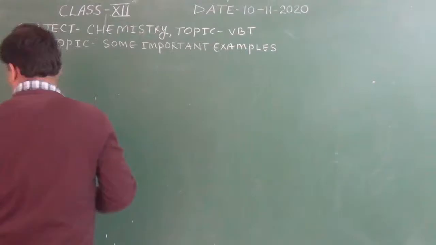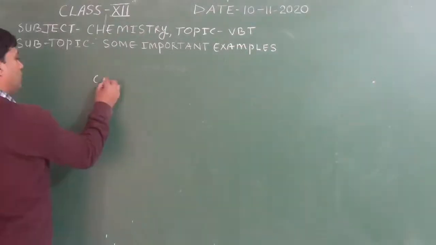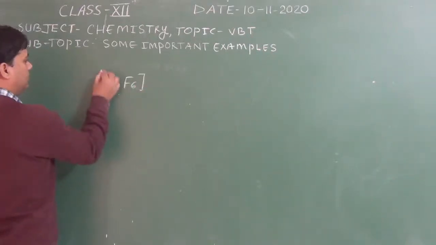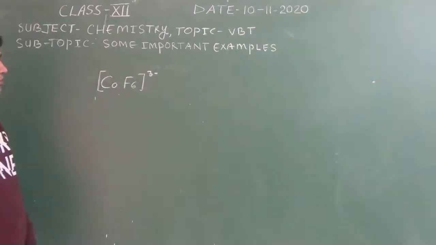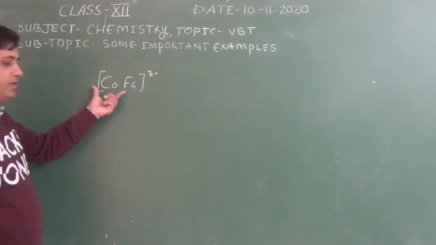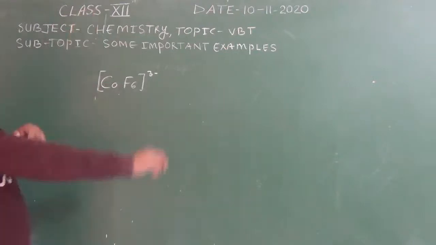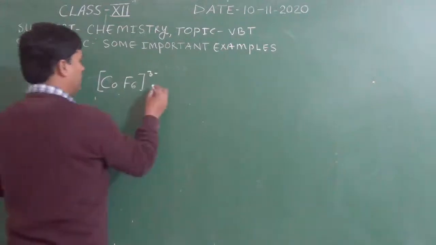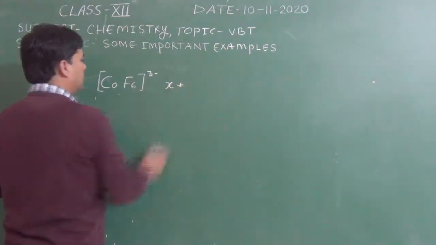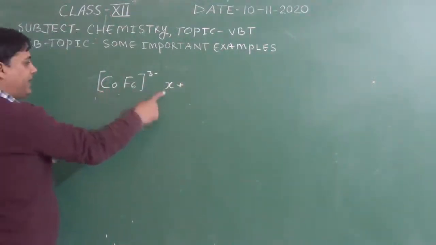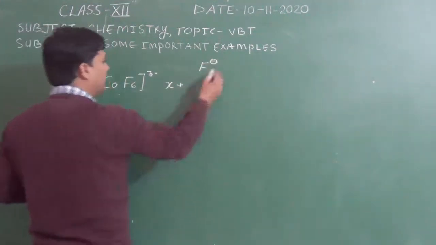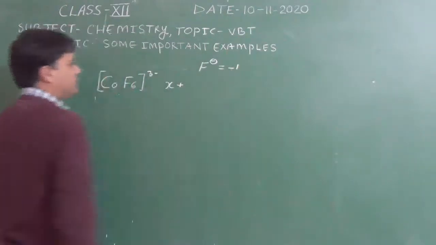The first example is [CoF6]3-. First of all, you are required to write the IUPAC name of this particular compound, and calculate the oxidation state of the central metal. Suppose the oxidation state of the central metal is X. The fluoride ion contains one negative charge, so it has -1 charge.